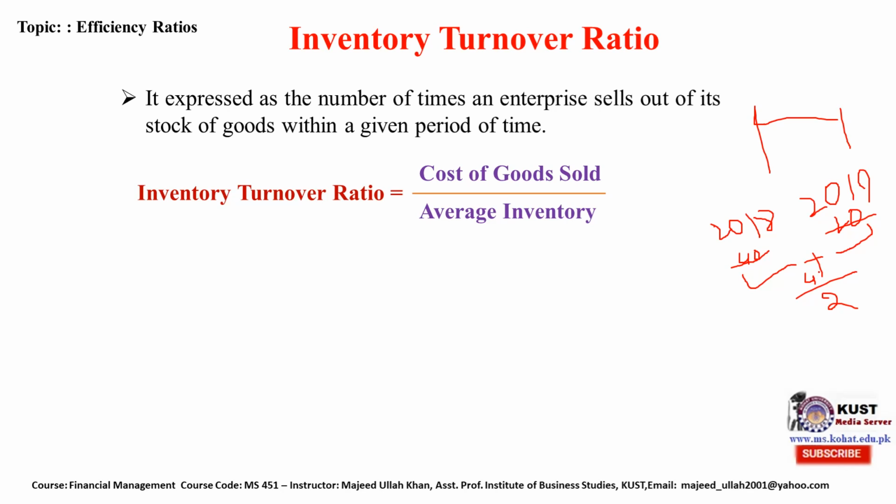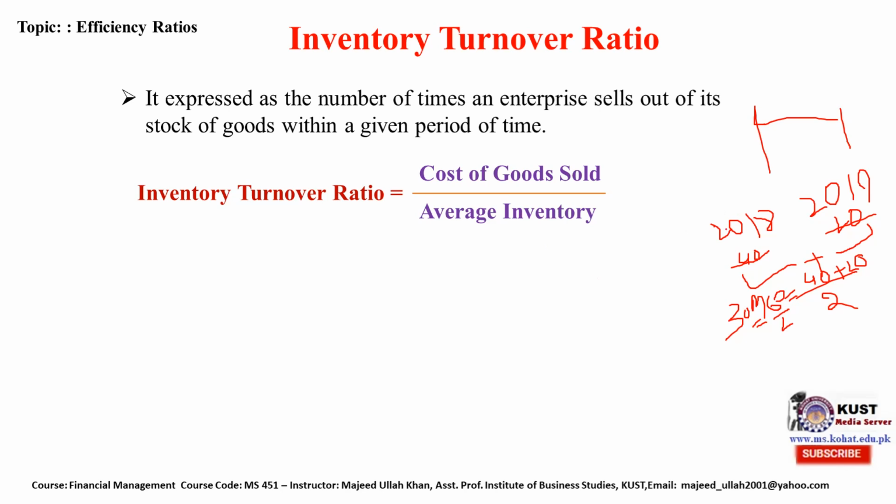40 plus 20, we will get 60. 60 divided by 2 equals 30 million inventory.